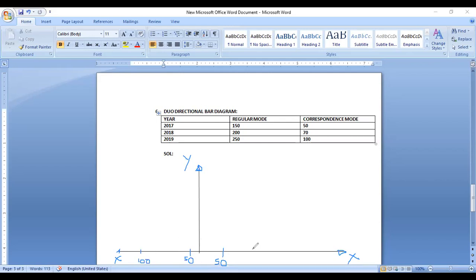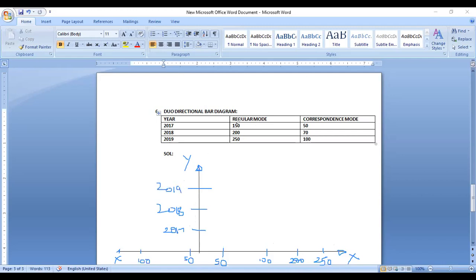Right side of y-axis, I am showing regular mode. 50, 100, 200 and 250. Okay. 3 years data we have to show. This is 2017. This is 2018. And this is 2019.